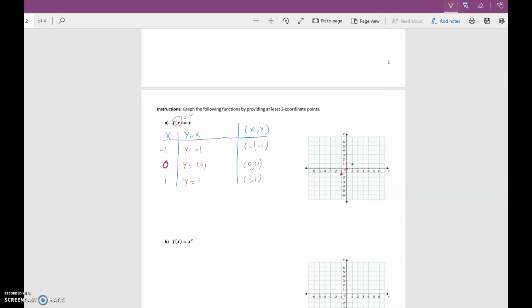Your actual line, in this case, is a function that happens to be going in this direction. Don't forget the actual arrows. And all I need is a basic sketch.